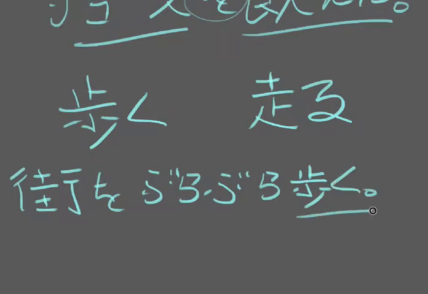Okay, so we've got aruku, which is walk. We've got machi, which is town, and this burabura is meaning aimlessly. So the meaning is aimlessly walk through town. If we translate that literally, it becomes aimlessly walk town.